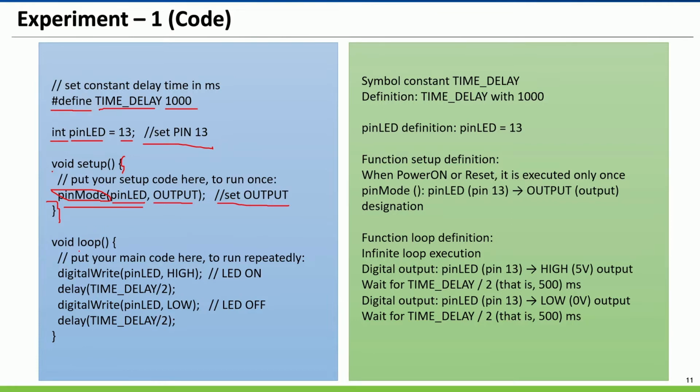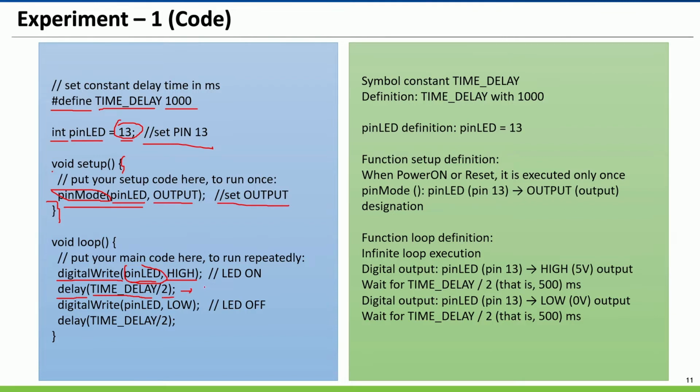And in void loop, we simply write digitalWrite and set the pin high first. What is pin LED? Pin LED we already declared as 13.